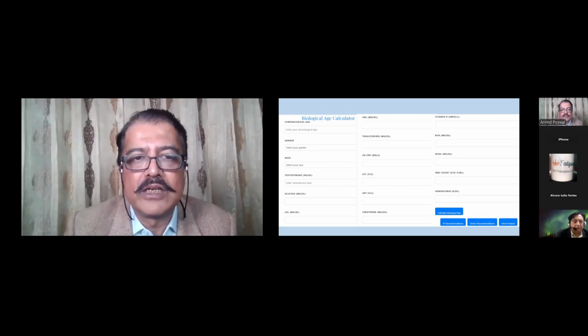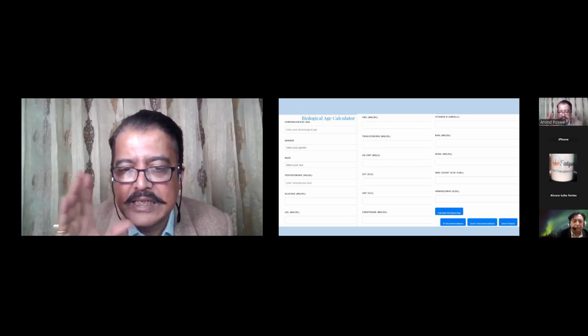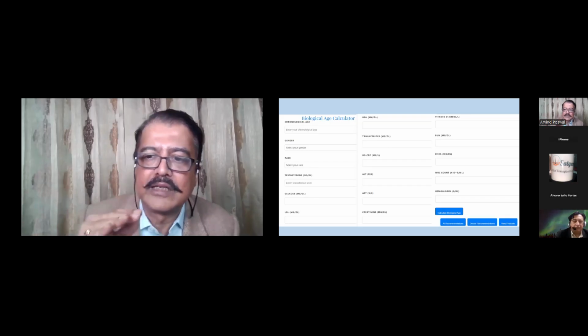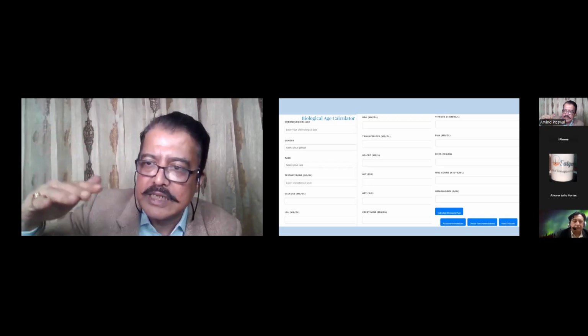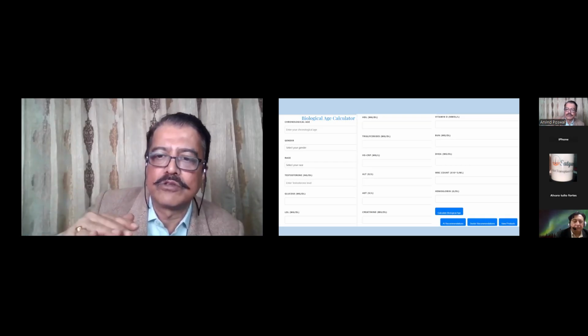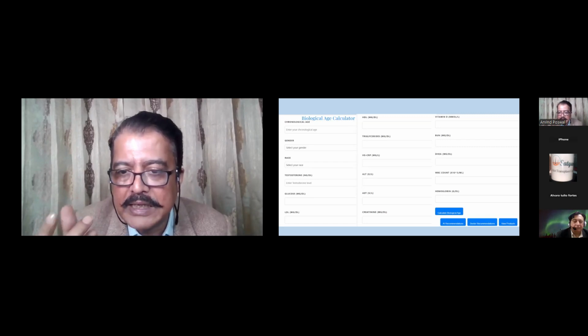So this is the biological age calculator, which can help us correlate the senescence. The higher the biological age compared to his chronological age, the higher the level of senescence. Once you reduce the senescence, then the biological age is also reduced. But what you will see on top of his head is thicker, better hair.